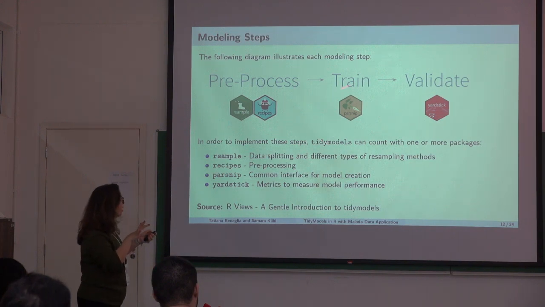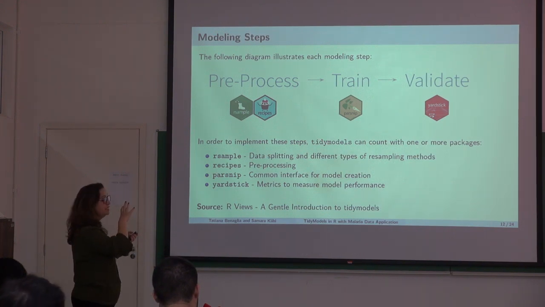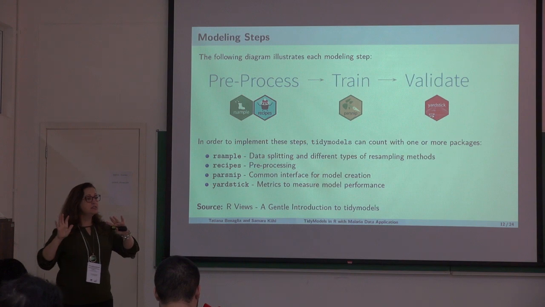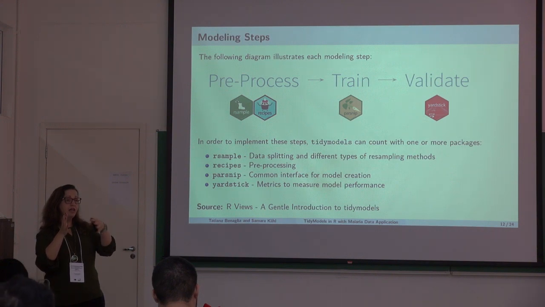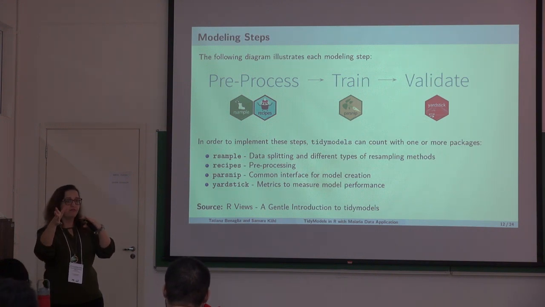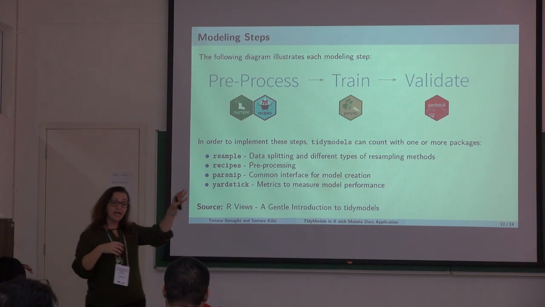That part is all done by the pre-processing part, okay? Also, in machine learning, all the time, you split your data into sets. There is the part of the data where you train your model and find your parameters, and then you evaluate and have a final model and a final accuracy in the test data.